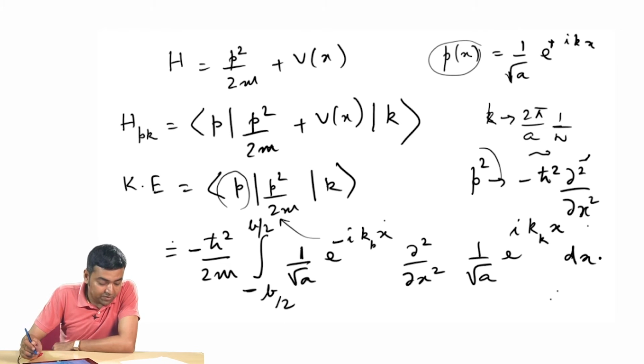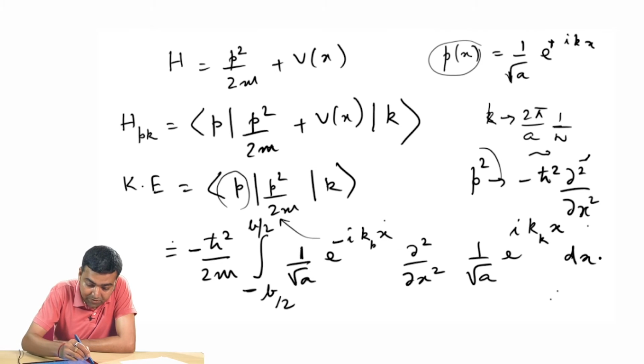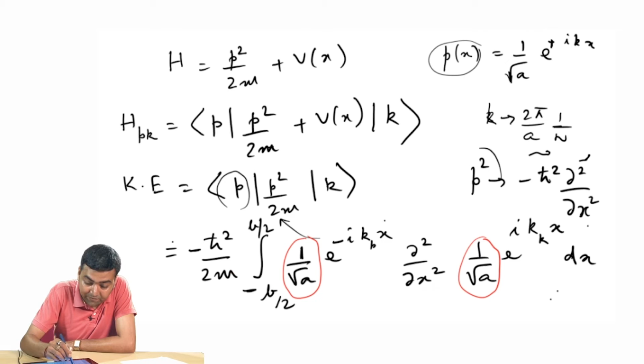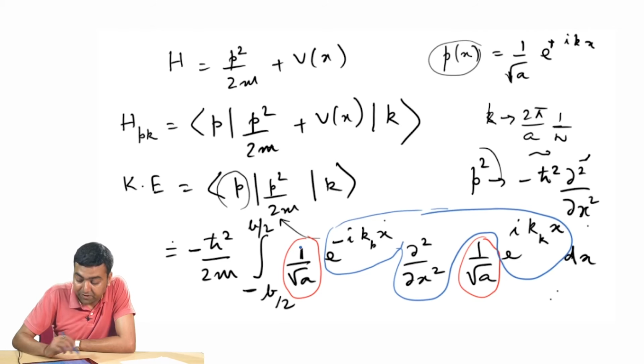If I try to simplify things, now these two are constants, so they do not depend on x, and I can bring them outside the integral. So, what I am left with is the following. I have this function here which depends on x, then I have this operator here and then I have this function here.